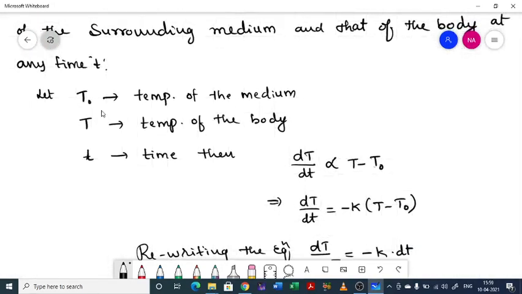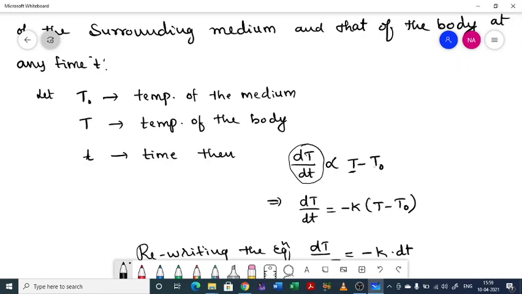So if you let T naught be the temperature of the medium, T be the temperature of the body, and small t be time, then dT by dt denotes the rate of change of temperature. The rate of change of temperature is directly depending on the difference in the temperature of the body and the surrounding medium.